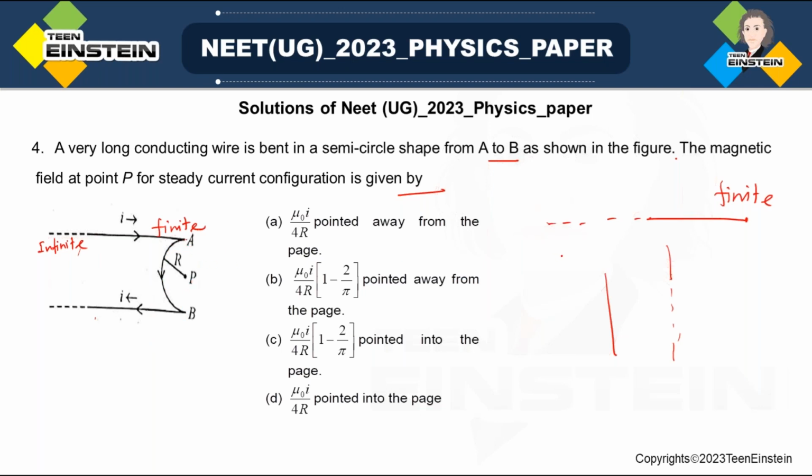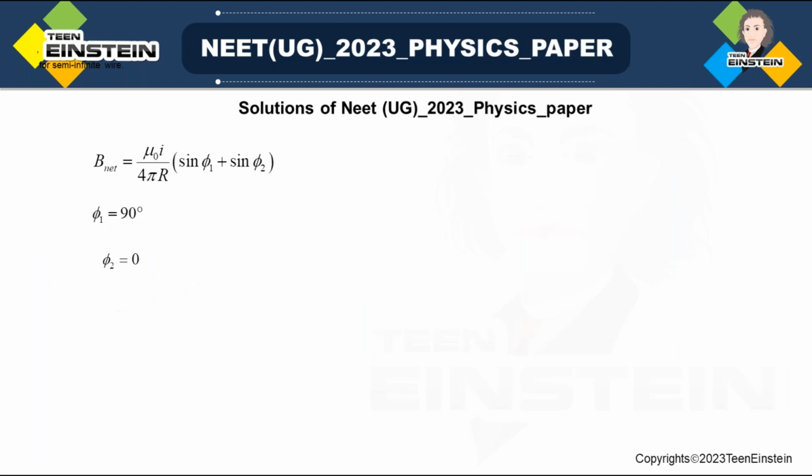Now, the Biot-Savart law. What it states is that it has a final formula to find the magnetic field at any point due to a steady current through a wire.